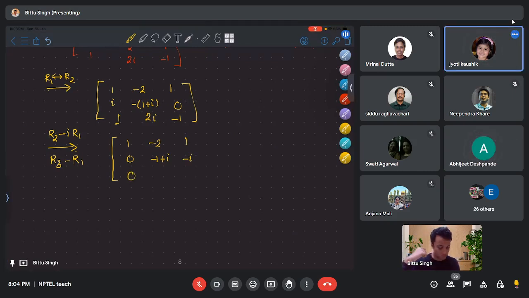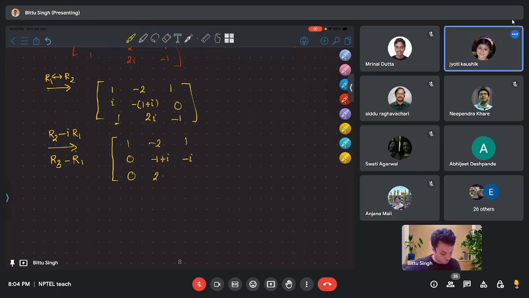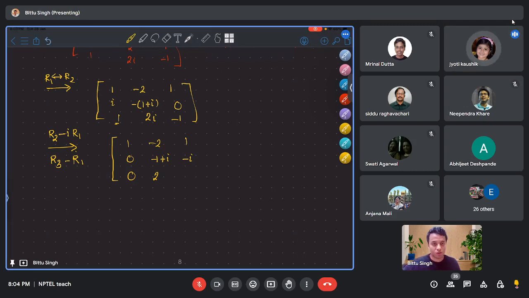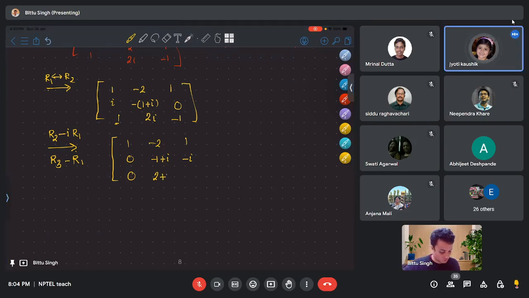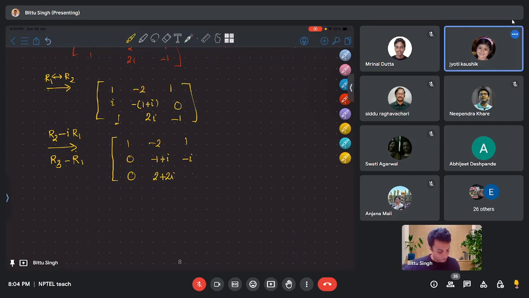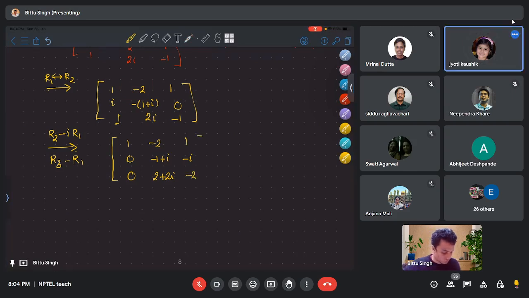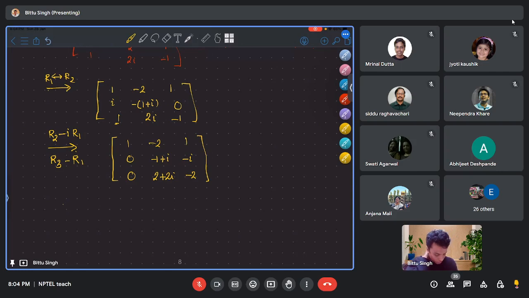The third row is 0, then twice i minus i plus 1, and minus 2, and i plus 1, which is 2 plus 2i, and minus of minus 2, twice i, and here it is minus 2. Okay, good. So what will be the next step?